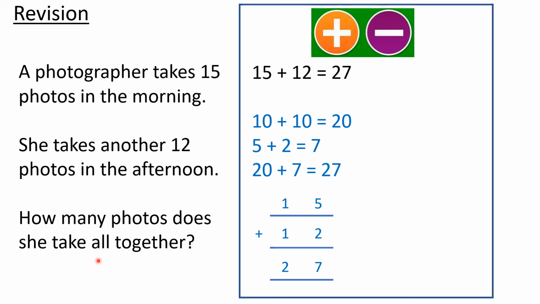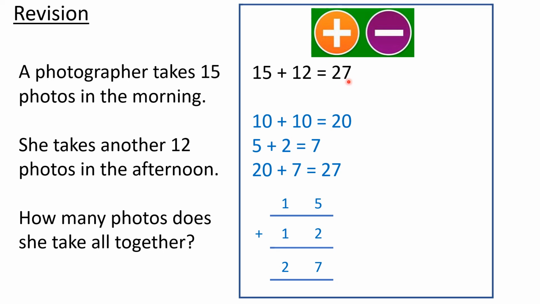And the clue is in all together. We know that all together is the same as total, which means we are adding. So our number sentence should have said 15 add 12. And I got 27 as my answer.